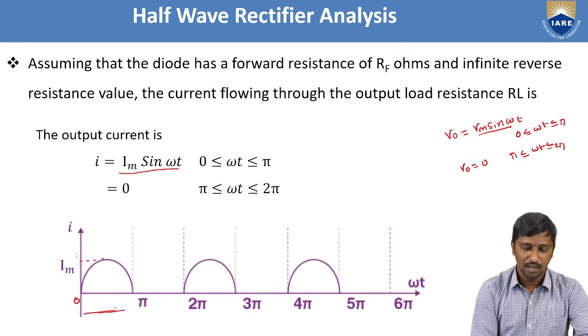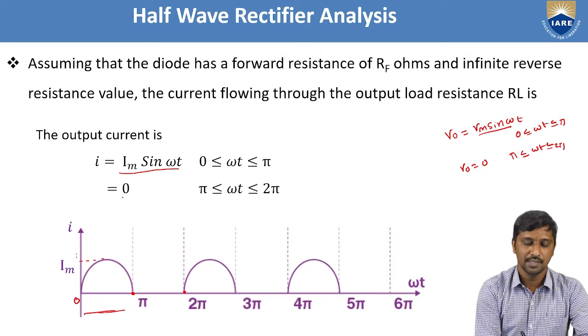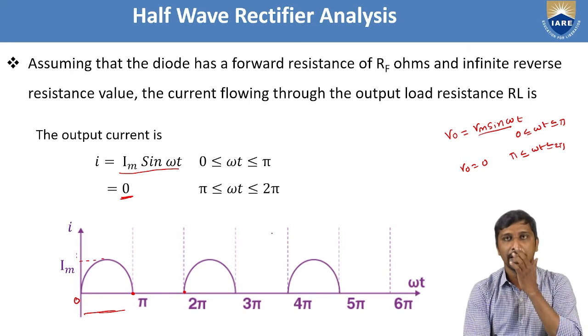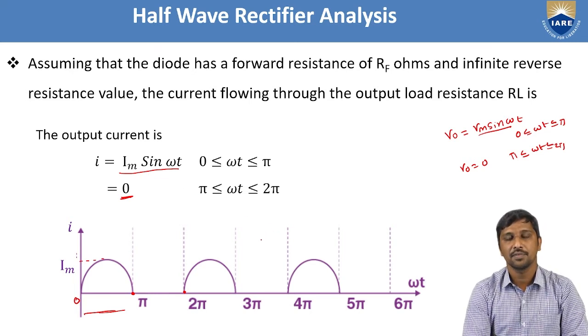During the negative half cycle there is no current, so from pi to 2 pi the current flowing across the half-wave rectifier circuit is 0. By using these two parameters, we are going to analyze the parameters of the half-wave rectifier.